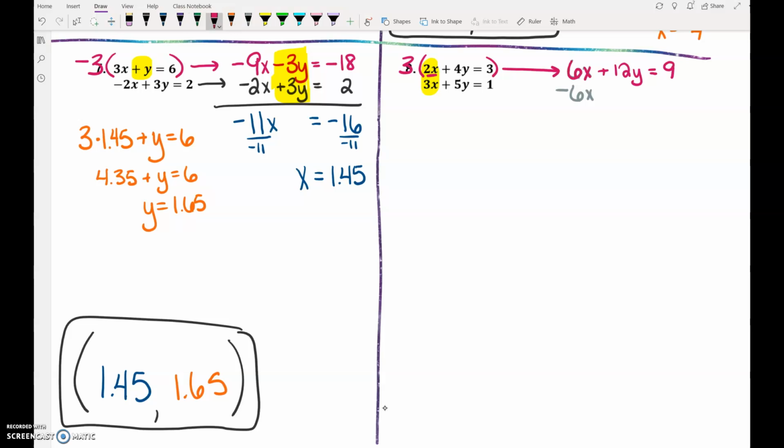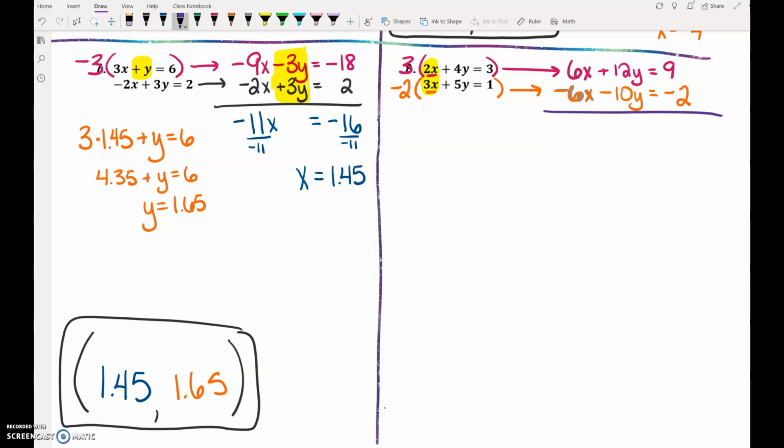On the bottom, if we want positive 3x to turn into negative 6x, what do we need to multiply by? Negative 2. So keeping that goal in mind can be helpful to know what you need to multiply by. Minus 10y equals negative 2. Now this is ready for elimination.